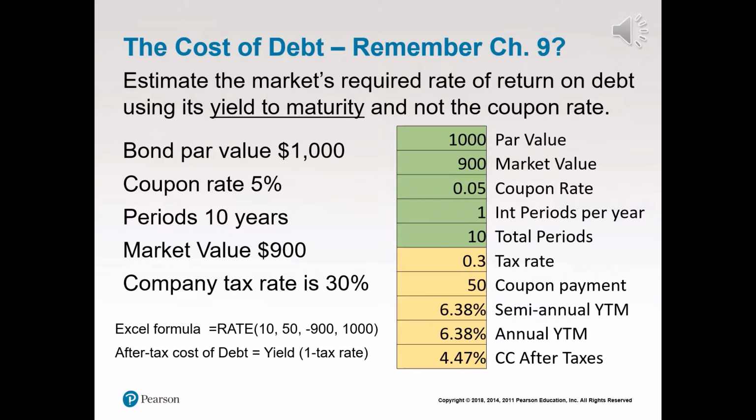You need to be careful if you're calculating a semi-annual amount when you're using the template. Just be sure that you have your template calculations working correctly. This, you can see, calculates the annual yield to maturity and the cost of capital after taxes.